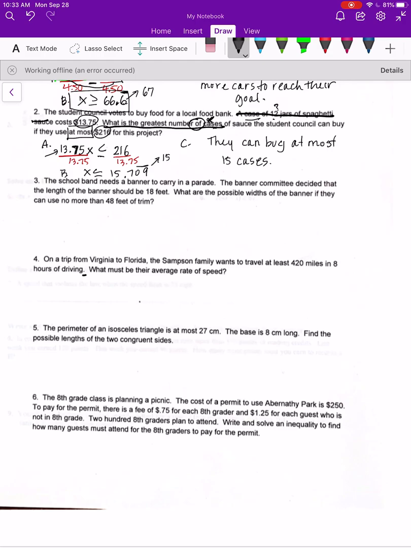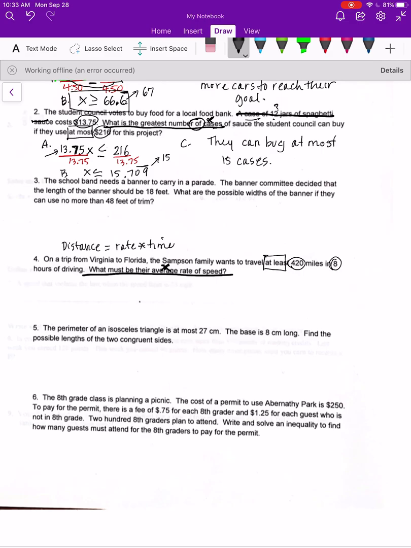So must be their average rate of speed. So the average rate is x. And then, of course, you need to remember that this is that distance formula that came from chapter 1. So distance equals rate multiplied by time. The Sampson family wants to travel at least 420 miles in 8 hours of driving.